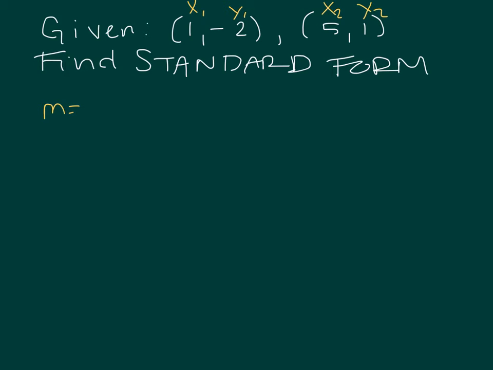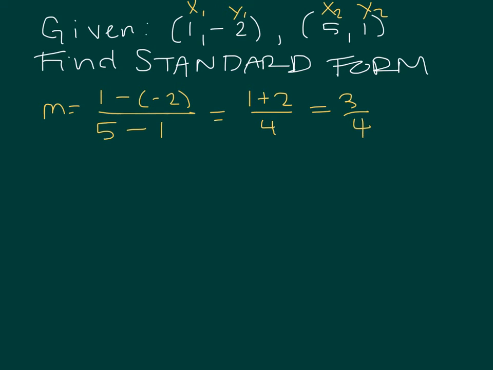So y2 is 1 minus a negative 2 over 5 minus 1. Simplifying, I've got 1 plus 2 over 4, which is 3 over 4. So I've got this slope that is 3 over 4.